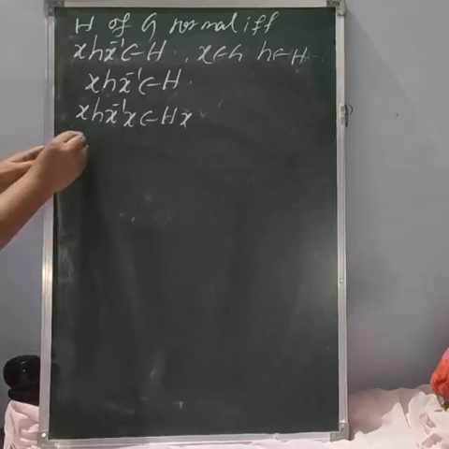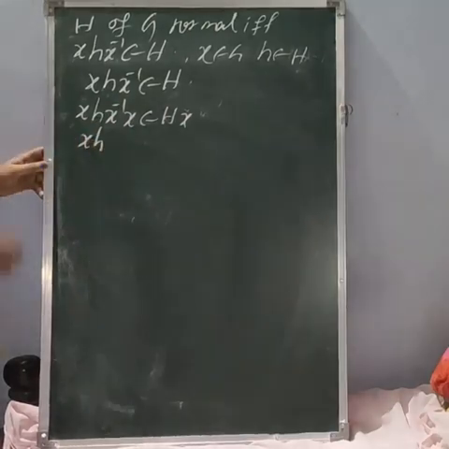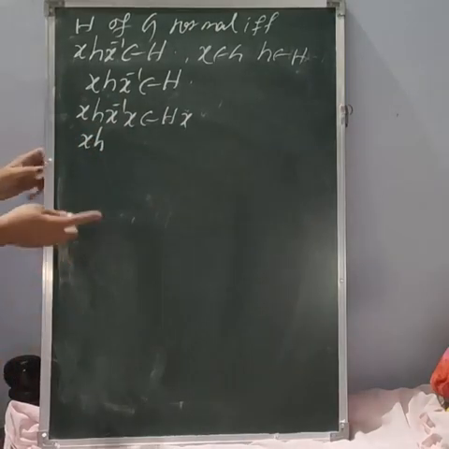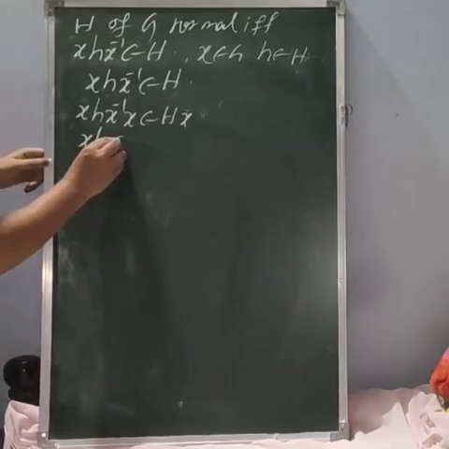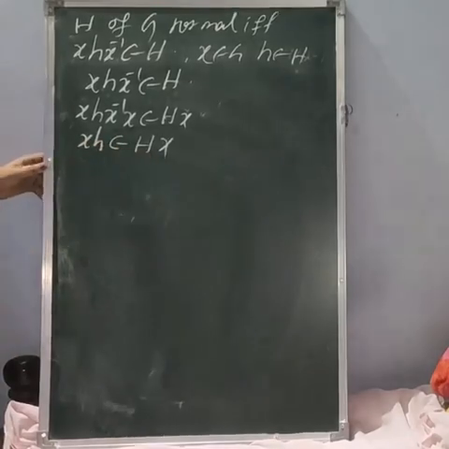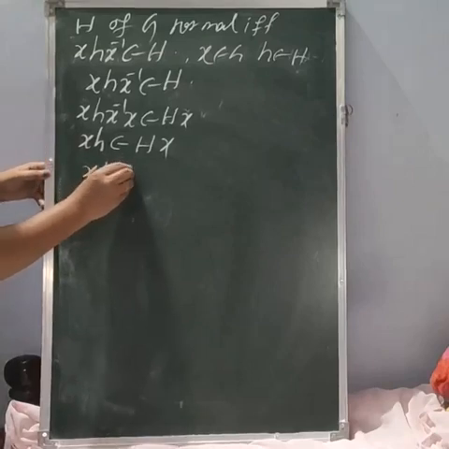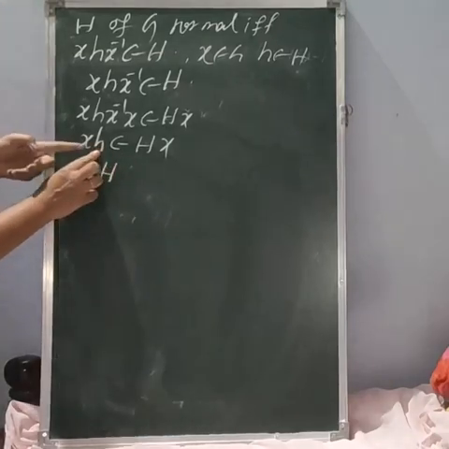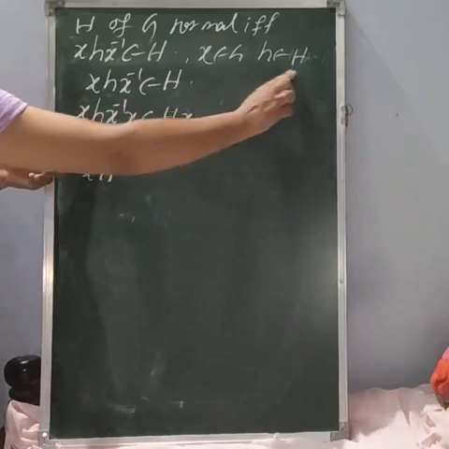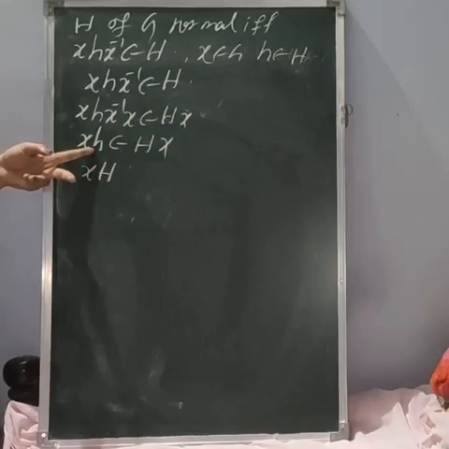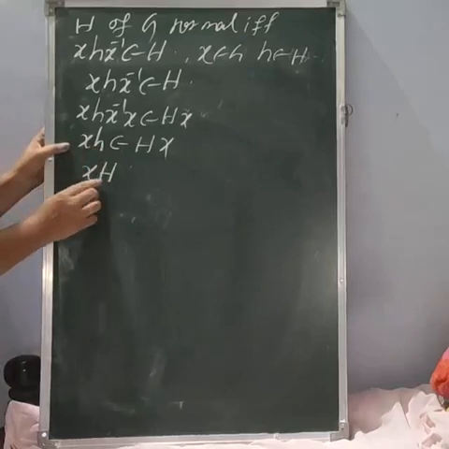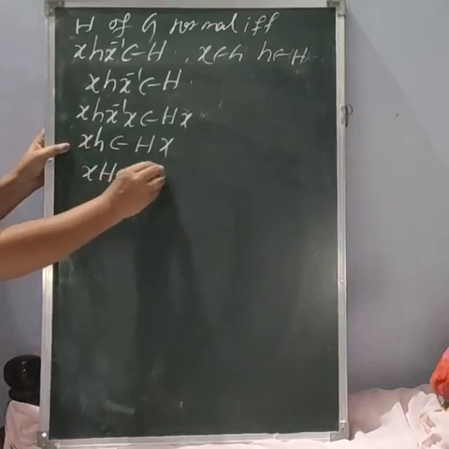What we will get? x into x inverse is again identity, so we will get the same element. This belongs to H into x. But we know that small h belongs to capital H. That implies xH is a subset of Hx.